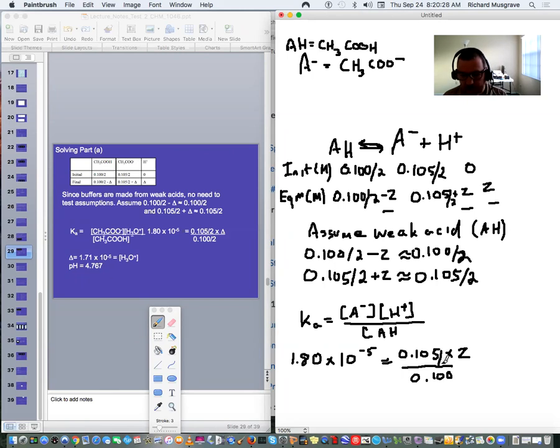Oh, so it should be divided by 2 in each case. You'll notice that the divided by 2's don't end up mattering anyway because they end up cancelling. But the Z here will come out to be 1.71 times 10 to the negative 5. And the Z is actually equal to the concentration of H plus, or as I've got on the slide, H3O plus.